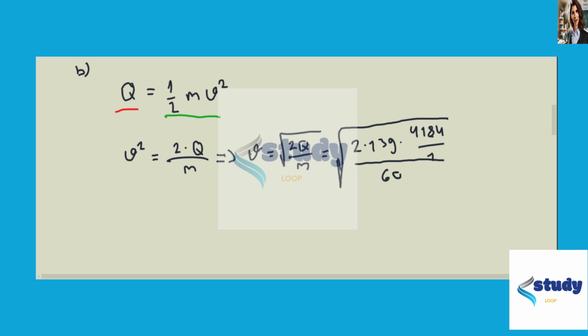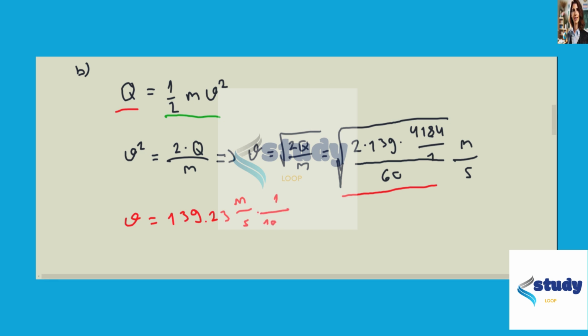Since we have joules and kilograms, the total units will be meters per second, which is exactly what we wanted. When we place these values into the calculator, we obtain that v equals 139.23 meters per second.